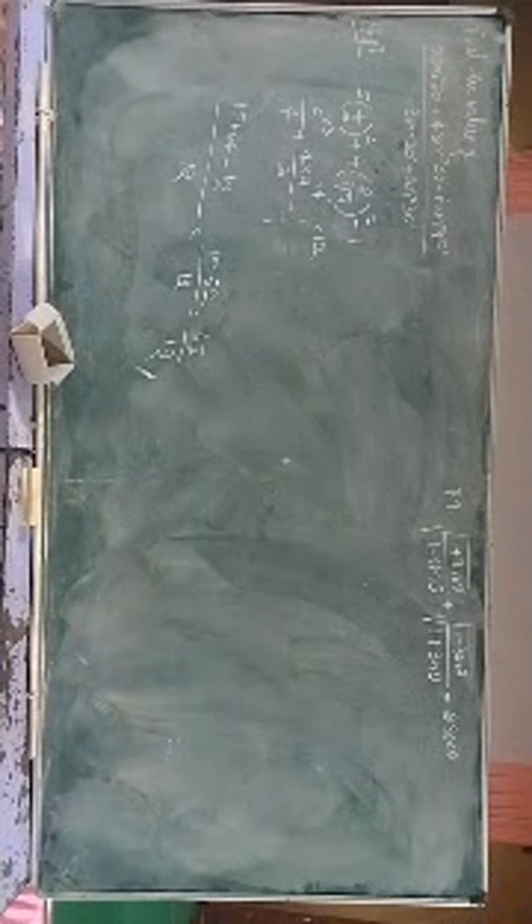Rationalize the denominator: you have to take the rationalizing factor. 2 times, first term is 1 plus sin theta, second term.